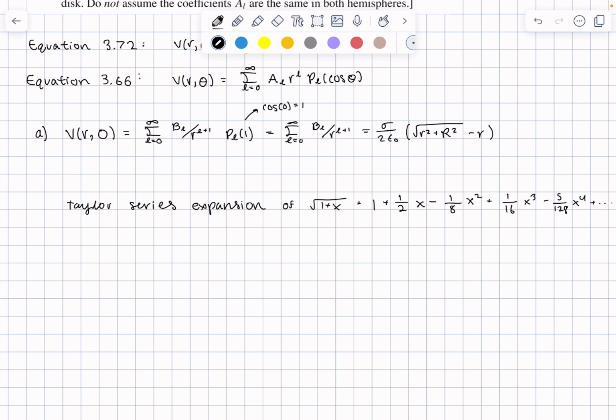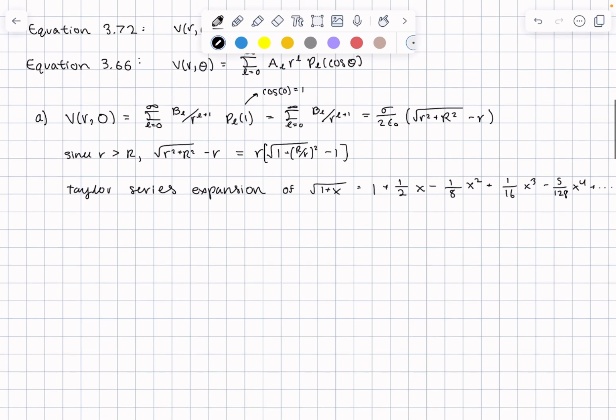And now, since little r is greater than our radius, we can say that the square root of r squared plus big R squared minus r is equal to, we'll factor out little r, 1 plus big R over little r squared, the square root of that, minus 1. So here we have little r factored out. And then the Taylor series expansion of the square root of 1 plus x is as follows here.